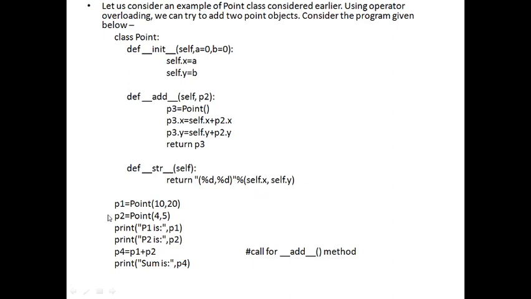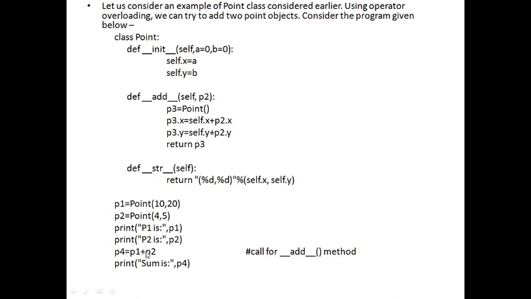Then we have defined 2 objects here, p1 and p2. Values will be passed to the init method and they will be stored in x and y. Print p1, print p2, both we are printing. Then this comes here, p4 equals p1 plus p2. These are objects here, p1, p2 are objects. We are adding 2 objects.